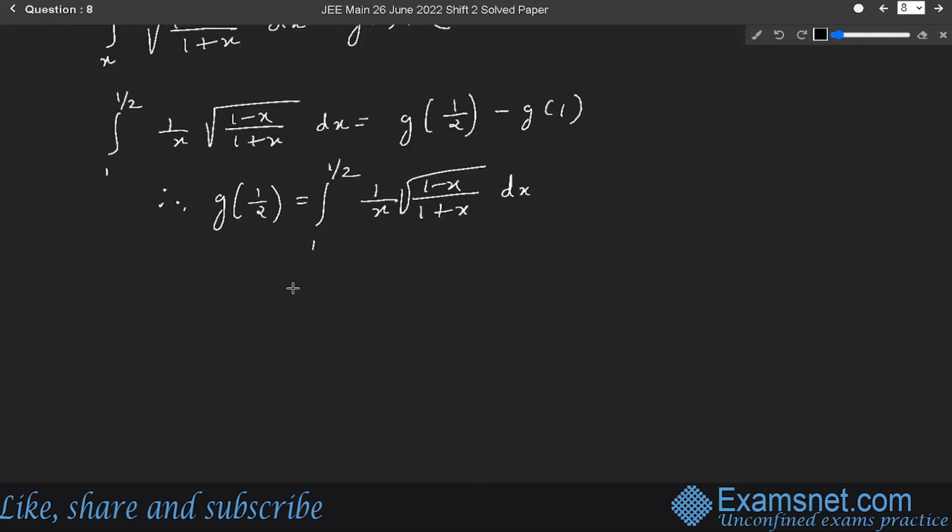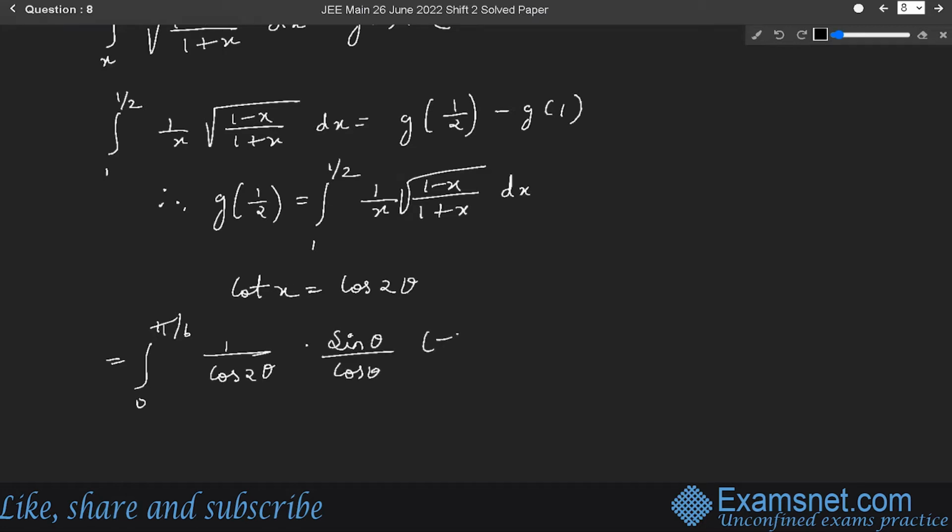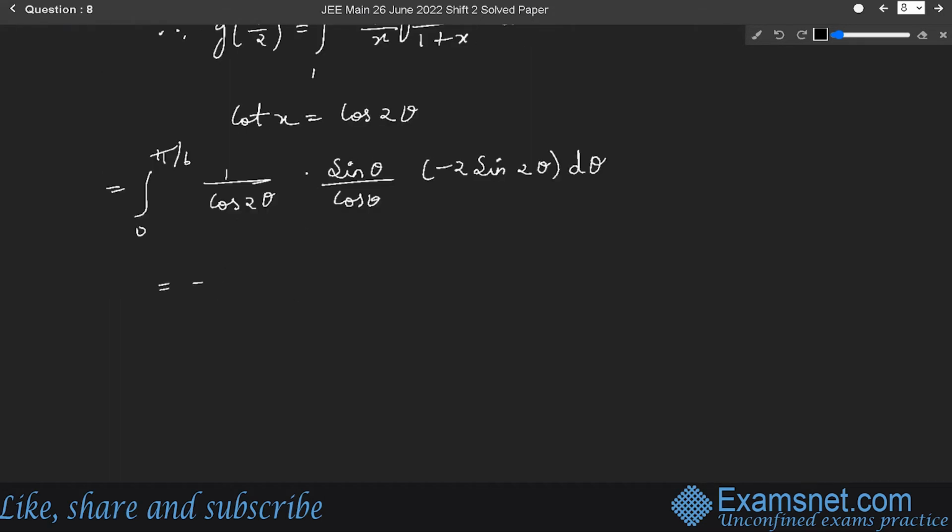So, we can say that x is equal to cos 2 theta, which will be equal to the integral of 0 to pi by 6, 1 upon cos 2 theta into sin theta divided by cos theta into minus 2 sin 2 theta d theta, which will be equal to minus the integral 0 to pi by 6, 4 sin square theta divided by cos 2 theta d theta.